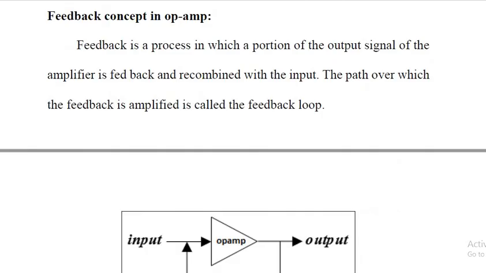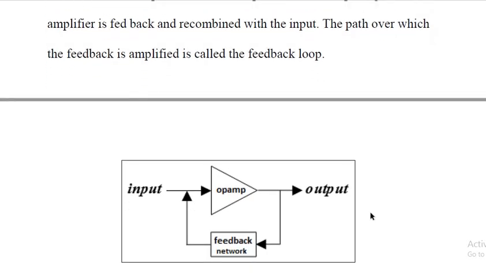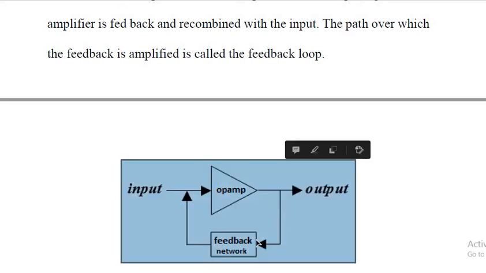Next, the concept of feedback. So feedback is a process in which a portion of the output signal is fed back to the input and it is recombined with the input. You can see in this diagram the portion of the output is fed back to the input and it is recombined with the input.